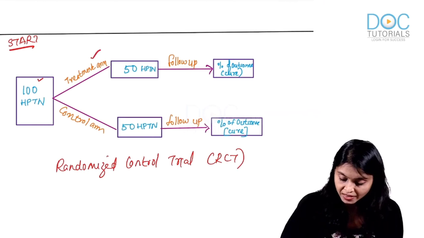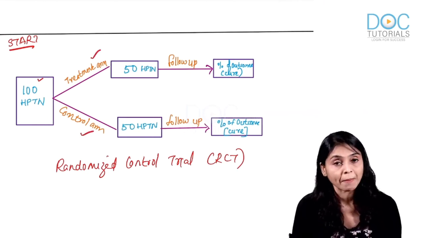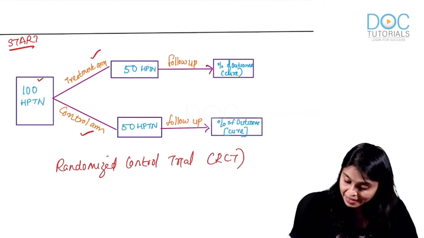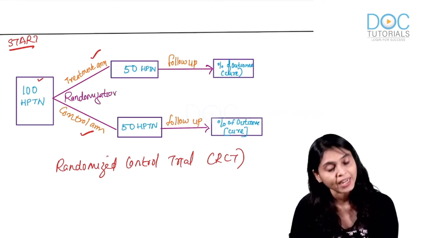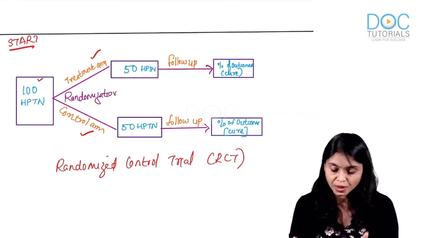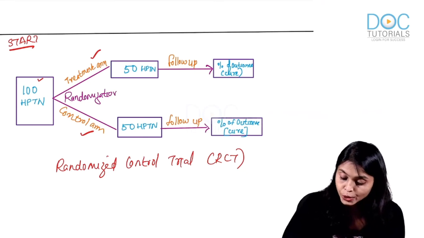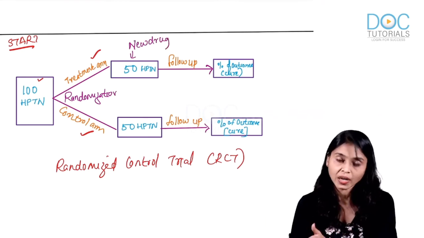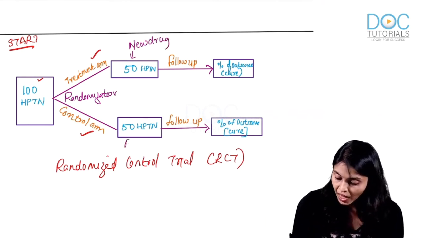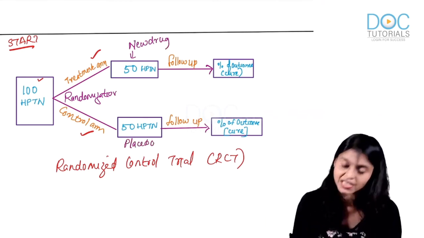One arm is known as the treatment arm, the other is known as control arm, and this division is known as randomization. You are randomizing them into treatment arm and control arm, of almost equal number. So you have 50-50. To the treatment arm, you are giving the new drug or some drug that you are evaluating, and to the control arm, you give placebo.